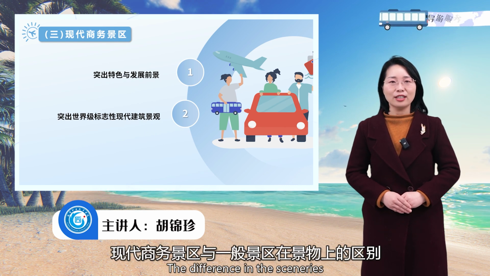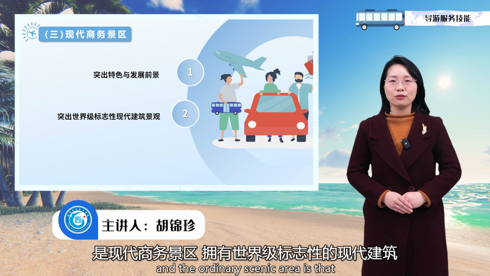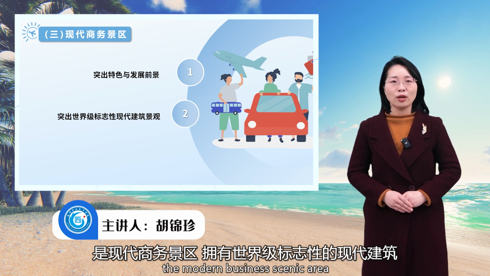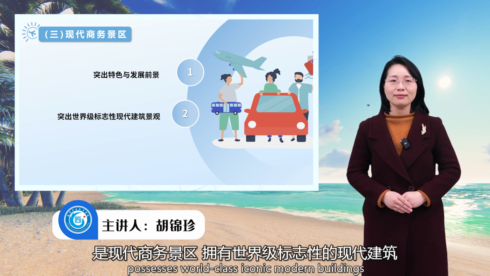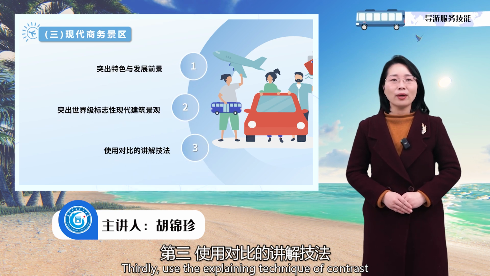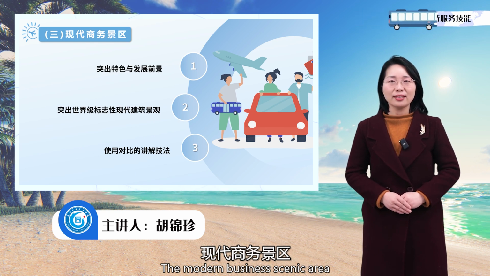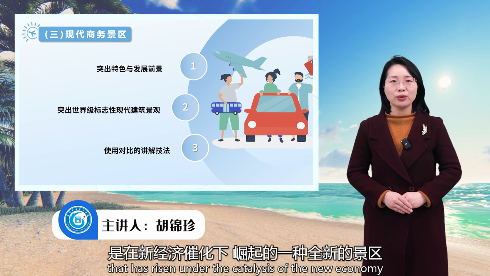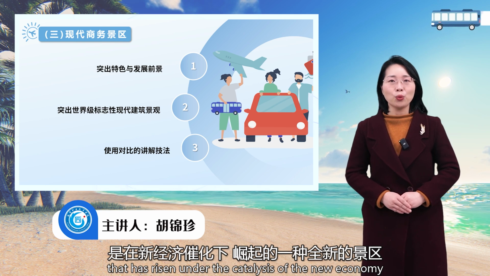The difference in the sceneries between the modern business scenic area and the ordinary scenic area is that the modern business scenic area possesses world-class iconic modern buildings. Thirdly, use the explaining technique of contrast. The modern business scenic area is a completely new type of scenic area that has risen under the catalysis of the new economy.